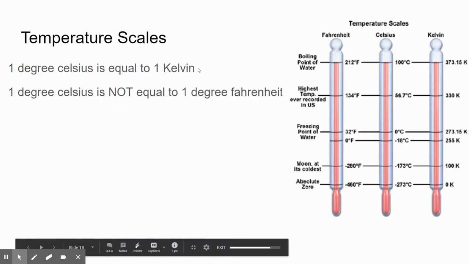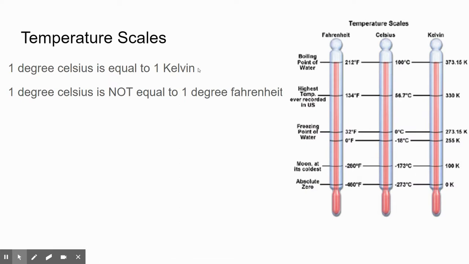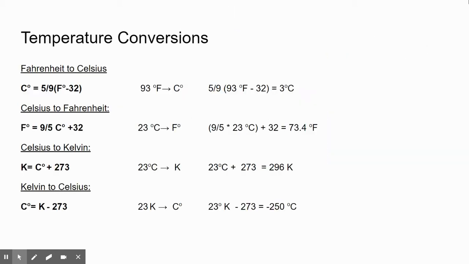Okay, so at 0 Kelvin, there is no molecular motion. We can't get any colder than that. Remember that temperature is all in relation to the motion of the particles. We also talked about how 1 degree Fahrenheit is not equal to 1 Celsius. However, 1 Celsius and 1 Kelvin are the same. So Celsius and Kelvin are the same increments of change. We looked at how to convert those temperatures, and you did some practice with that.